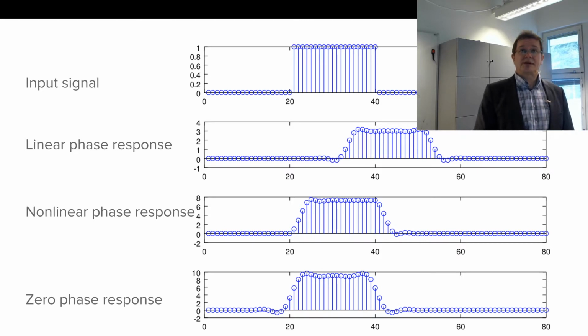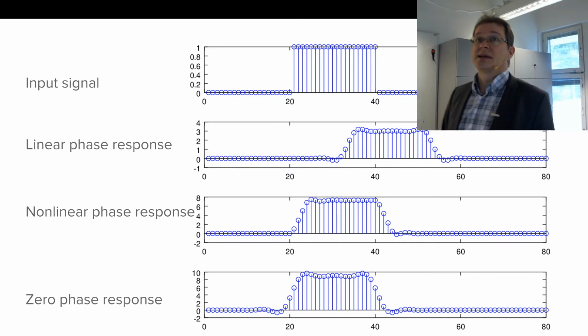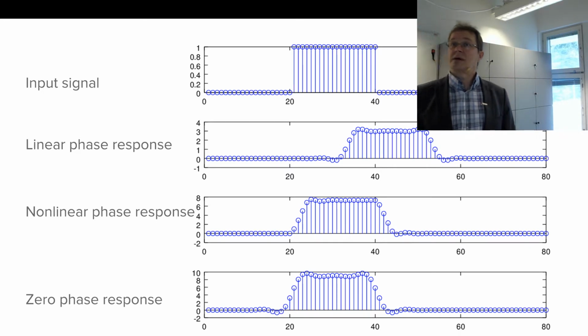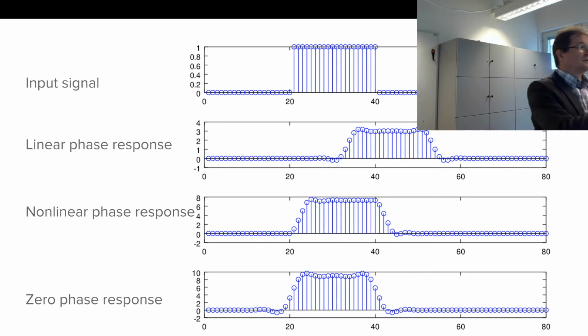And three examples. The input signal is just a square-shaped box. For the linear phase response system, you basically have similar effects on the signal when it goes up or down. Actually, linear phase response has a symmetric impulse response. Practically, that means FIR.